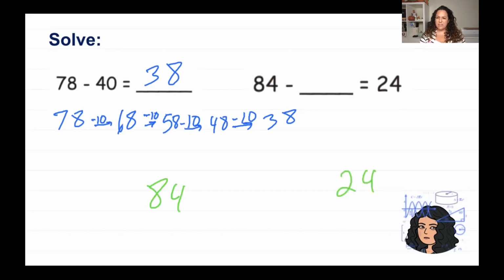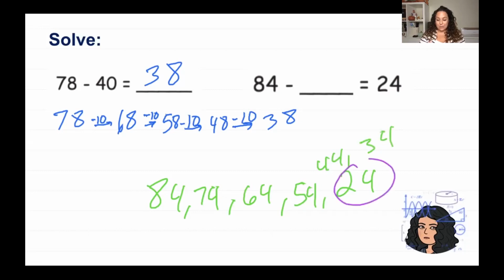So let's go ahead and figure out how we can go backwards. If I take away 10 from 84, that's 74. Let's take away 10 more. 64, 54, and then I'm running out of room. 44, 34, and then I finally get to 24.